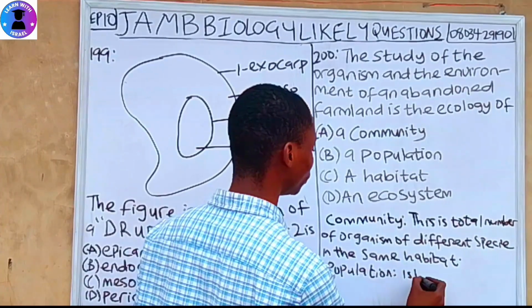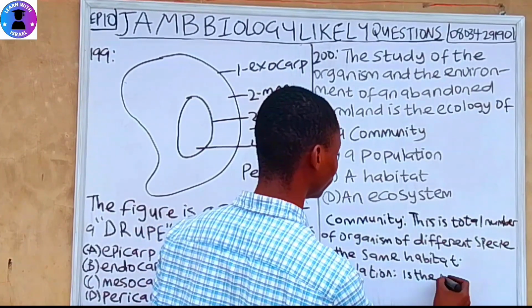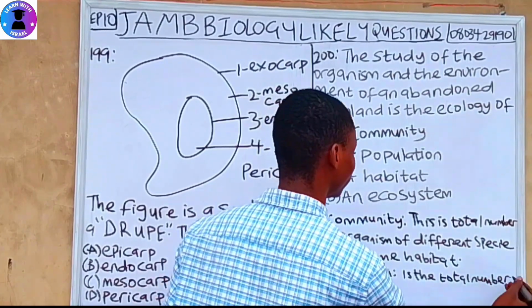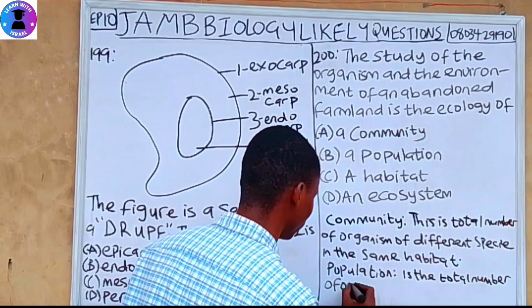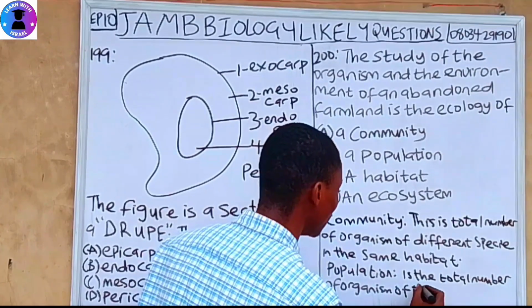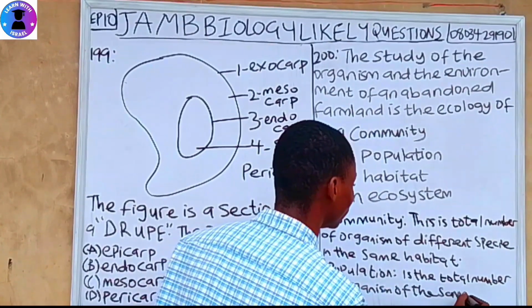Population is the total number of organisms of the same species.